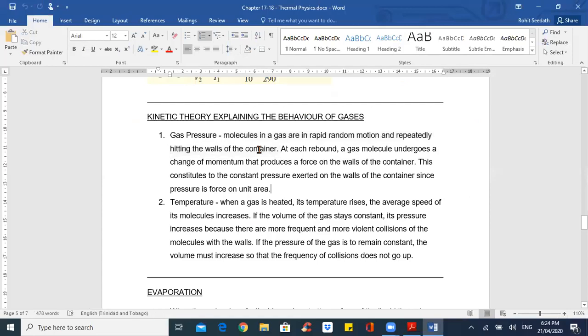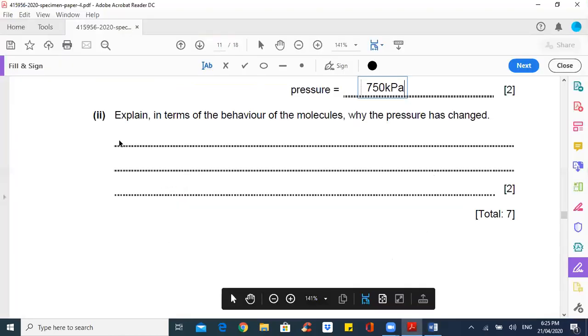For the pressure to increase, the molecules of the gas are in rapid random motion and repeatedly hitting the walls of the container. At each rebound, a gas molecule undergoes a change of momentum that produces a force on the wall of the container. This constitutes the constant pressure exerted on the walls of the container, since pressure is force per unit area. So if the pressure is going to increase, that means what? You're going to get a smaller area.